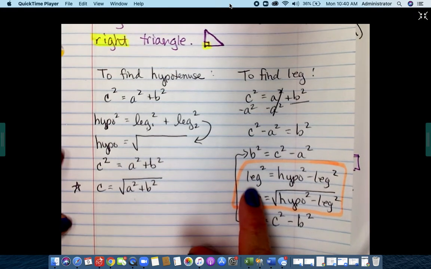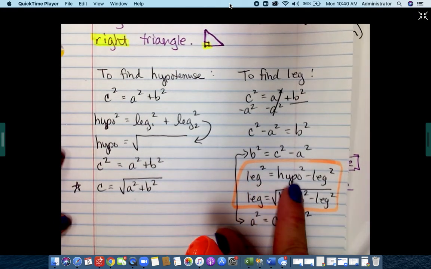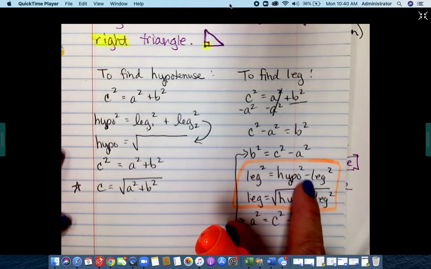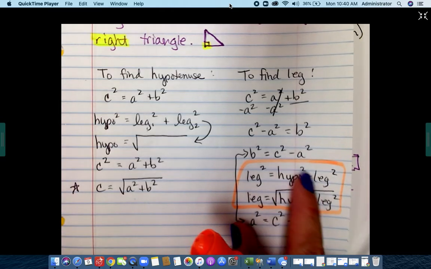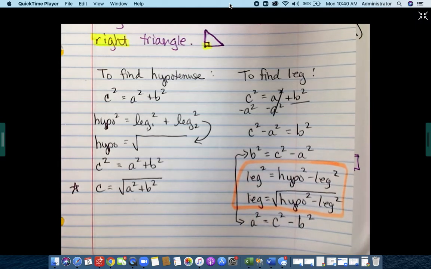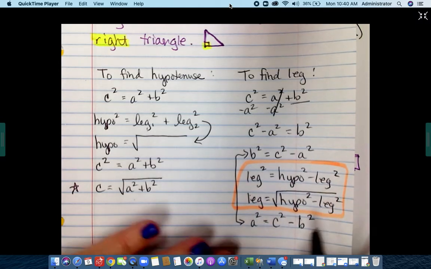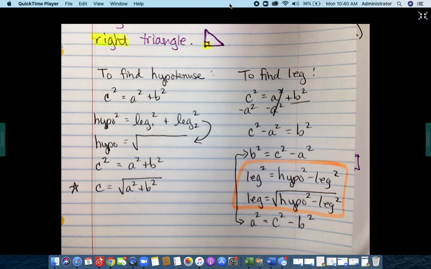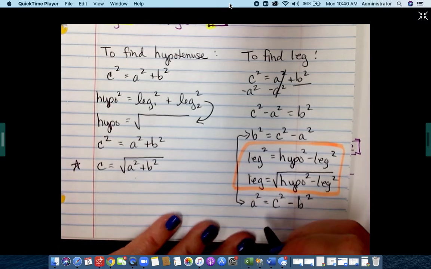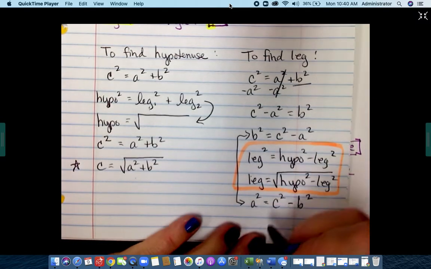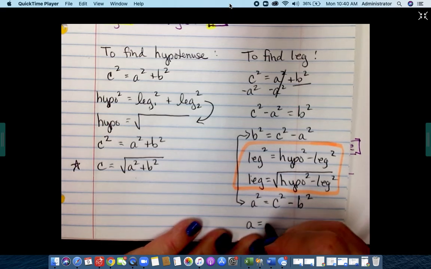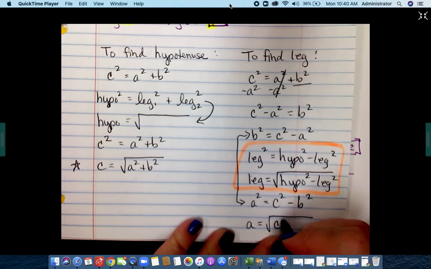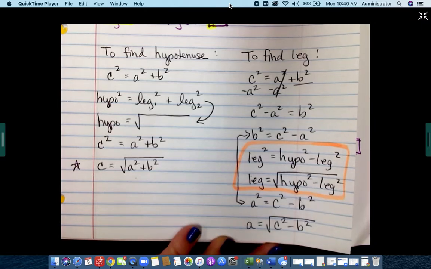We will start off with leg squared equals whatever the hypotenuse squared is, minus the known leg squared. So we're going to use this formula where we do hypotenuse squared minus leg squared, and then we take the square root. So it could be either a or b equals the square root of your hypotenuse squared minus a leg squared.